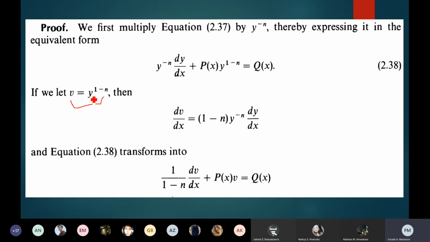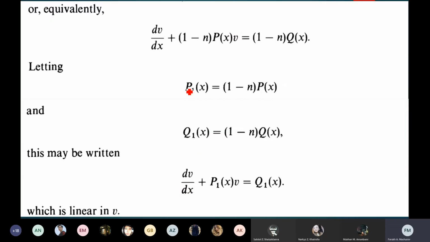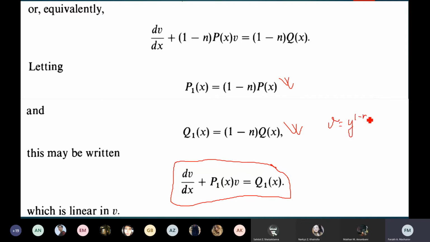We define v is equal to y to the power 1 minus n, and we write our differential equation in this form. Here you can see p1 is equal to this one, and q1 is equal to this one. Don't forget this one: v is equal to y to the power 1 minus n.